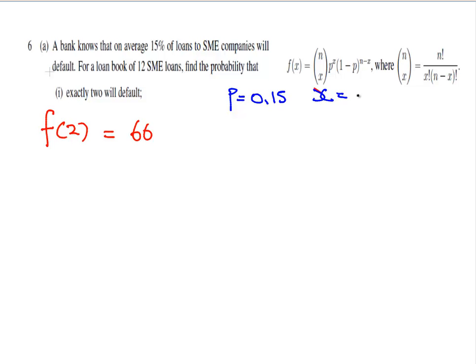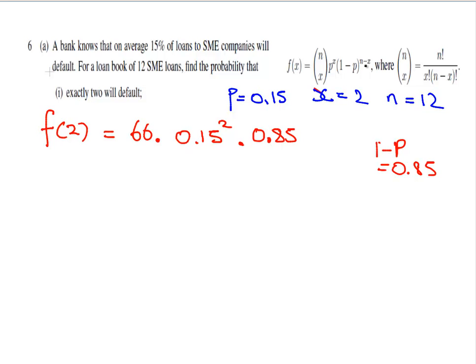So p to the power of x is 0.15 squared, times 1 minus p. 1 minus p is 85%, so 1 minus p equals 0.85, to the power n minus x.